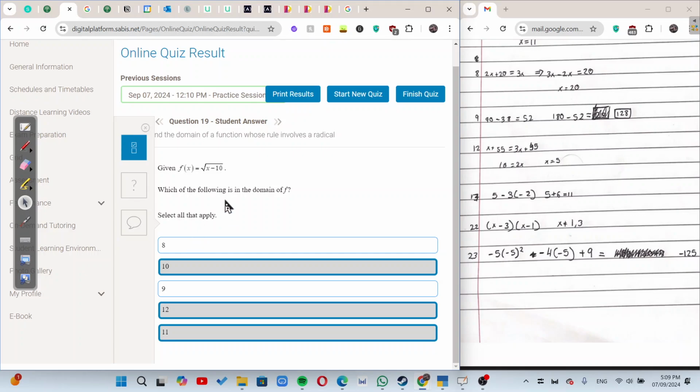Because if you put 8, you're going to have -2, and -2 can't be put inside the radical sign, so it is wrong. And 9 is also smaller than 10, it's going to give you -1, which is wrong. 10 gives you 0, which is okay. 12 gives you 2, which is also okay. 11 gives you 1, which is also okay to have inside the radical sign.